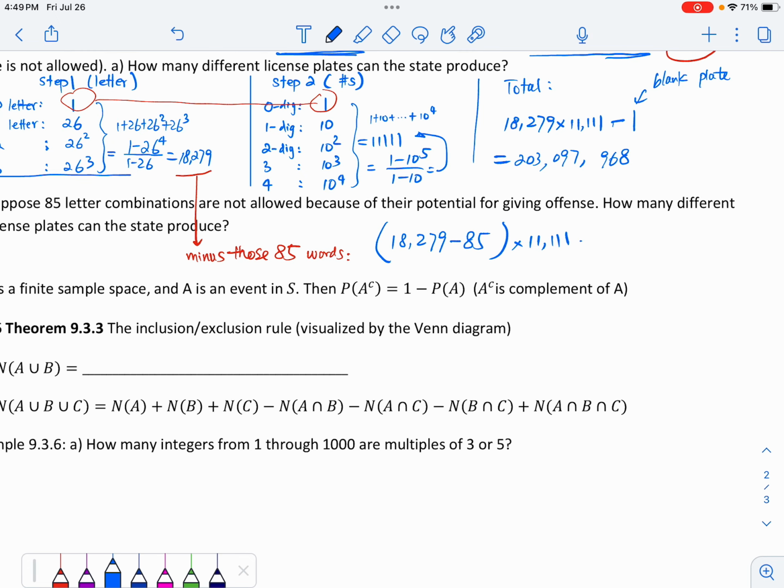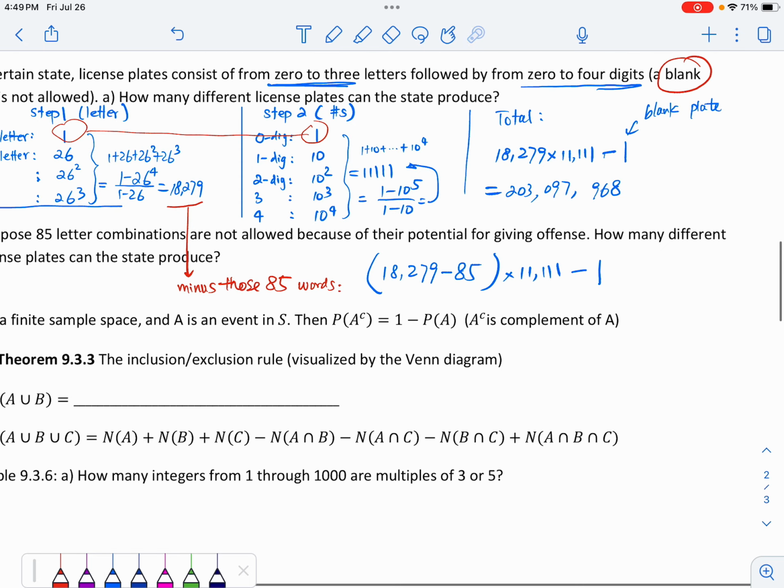And of course, don't forget to subtract 1 because that's the blank plate scenario. So I believe this turns out to be 202,153,534 plates. All right, this is it for this video.